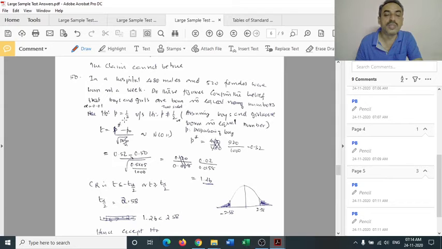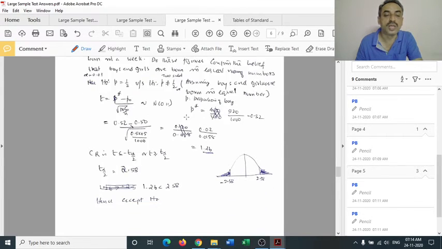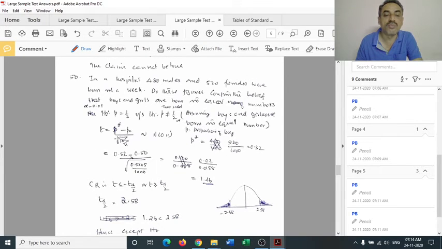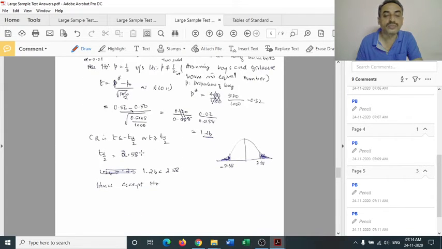The alternative is not equal to 1 by 2, because the question is to examine whether boys and girls are born equally in a week. So it's again a two-sided hypothesis, and p star is 520 by 1000, so 0.52.